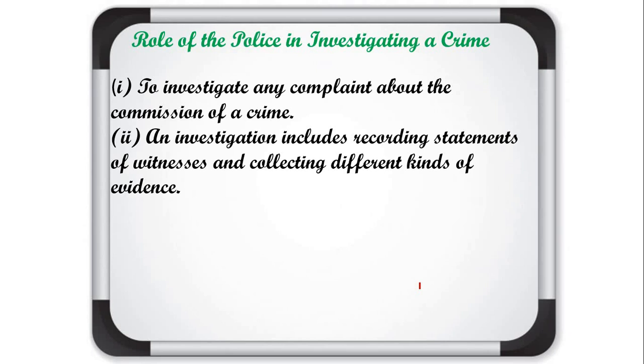The police starts investigation of the case or a crime. And the investigation involves various processes such as collection of evidences of different kinds and recording the witnesses' statements. So this is the main function. First, after launching FIR, police starts investigation, and during investigation, what is the role of police?